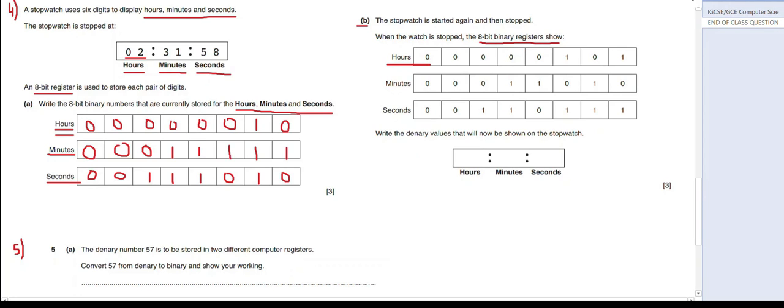Now, for hours, we give the headings 1, 2, 4, 8, 16, 32, 64, 128, and underline the bits that are 1. For example, in hours, the bits that are 1 are these 2. What are their corresponding headings? 1 and 4. Add these, we get 05.